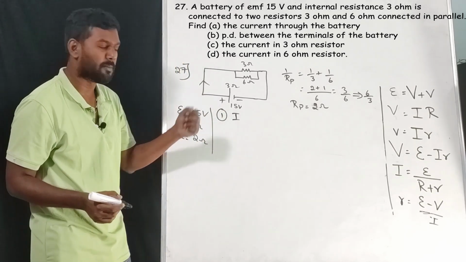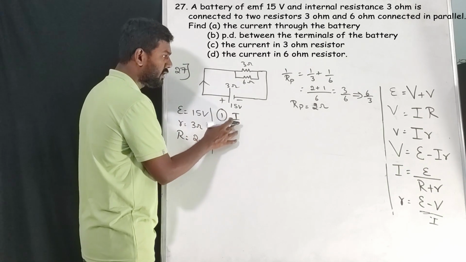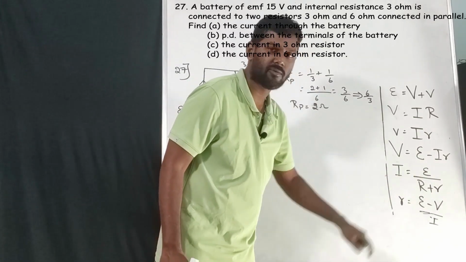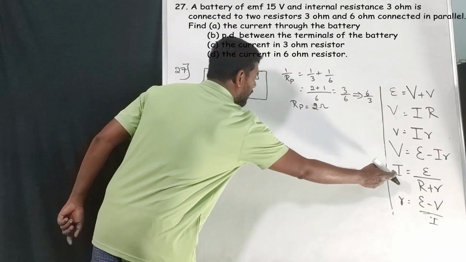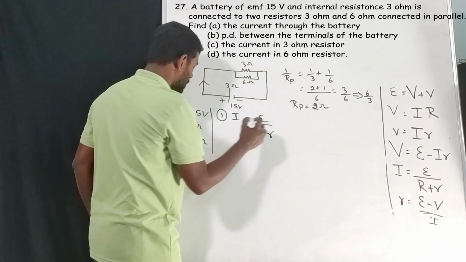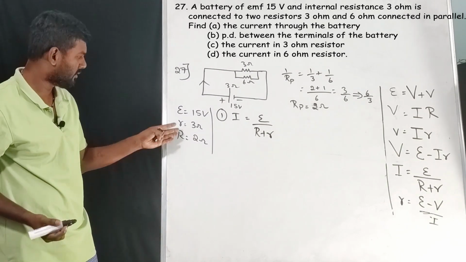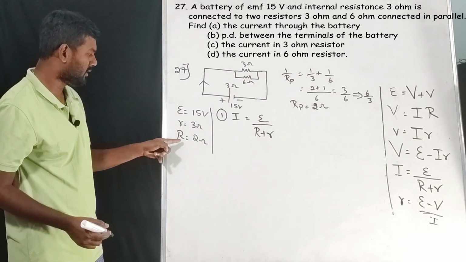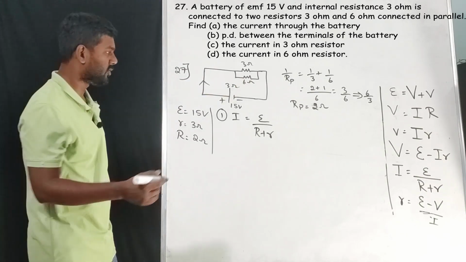Now, first sub question, we have to find the current through the battery. Battery is nothing but EMF. See how current and EMF are related, how we can find current using EMF. This is the formula: I is equal to E by R plus r. Do we have all the values? Yes, we can substitute because we have calculated the capital R also.